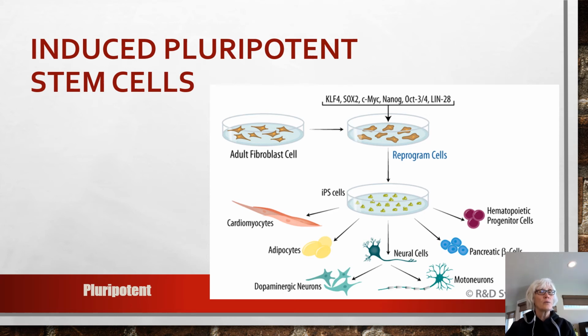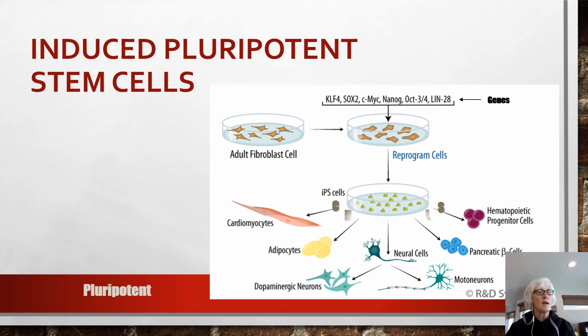Again, we're going to isolate adult skin cells, and we're going to add a number of genes. The genes that need to be added to the DNA of these skin cells are genes for parts of our DNA that are going to regulate how the DNA is going to be used. Those genes therefore reprogram the skin cells to become induced pluripotent stem cells.